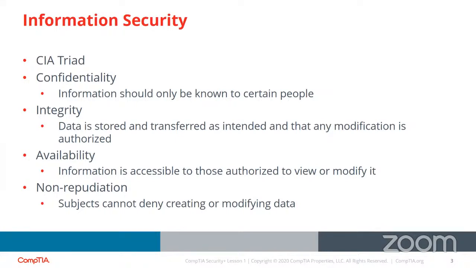So basically, confidentiality means that information has to be confidential, that it has to be secure. It has to be available only to the people that have authority over it, that have access to it.